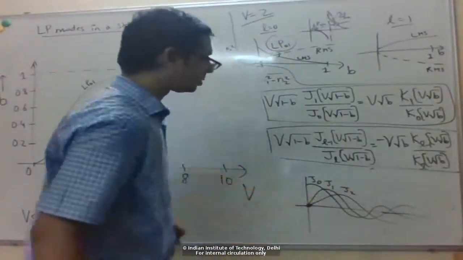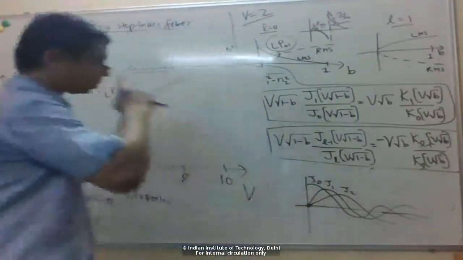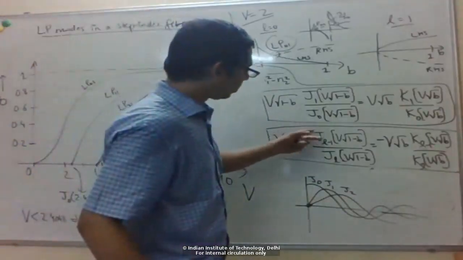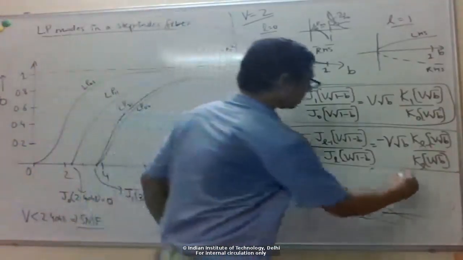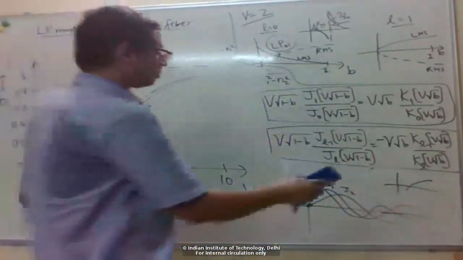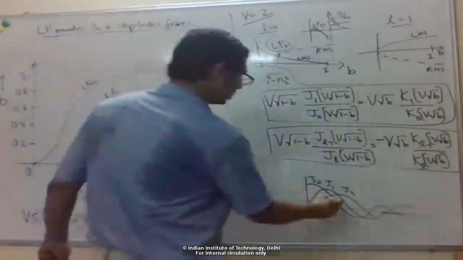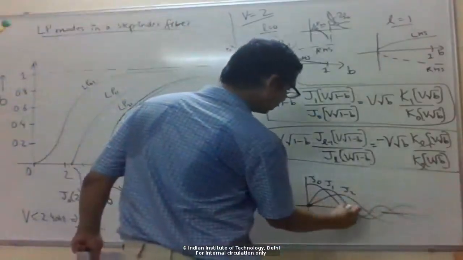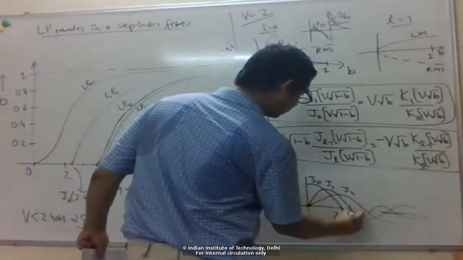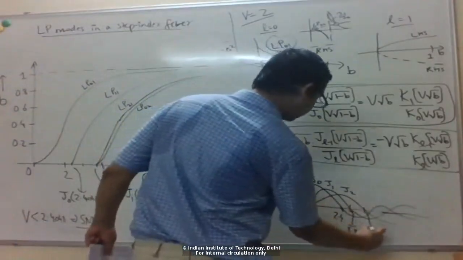So for example, when B equal to 0, they are actually 0. But the limit of the ratio is finite, which is why this curve starts from a finite value. So the relevant root is when they become 0 next. J0 becomes 0 here at 2.4, J1 at 3.8, J2 at 5.1 or something.